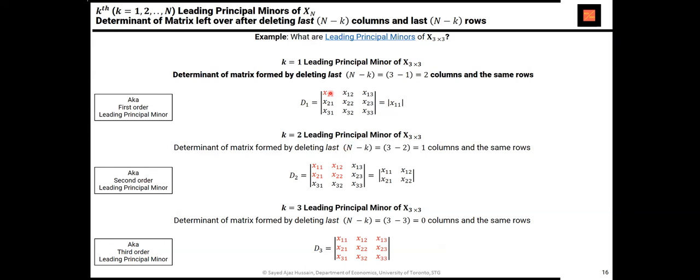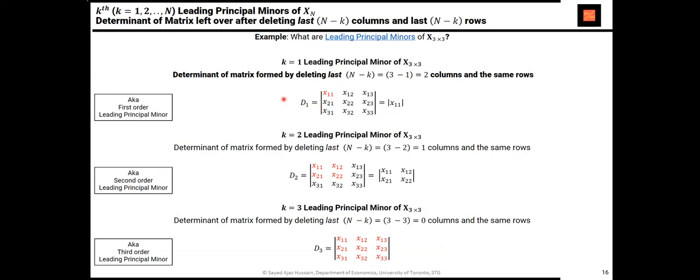Then I could go from 1 by 1 to 2 by 2. The determinant of this 2 by 2 then gives you the second order leading principal minor. And I could keep going, so they're getting bigger. 1 by 1, 2 by 2, 3 by 3, 4 by 4, 5 by 5. As I keep going like this, I keep getting leading principal minors. So if you have an n by n matrix, you'll have exactly n leading principal minors.